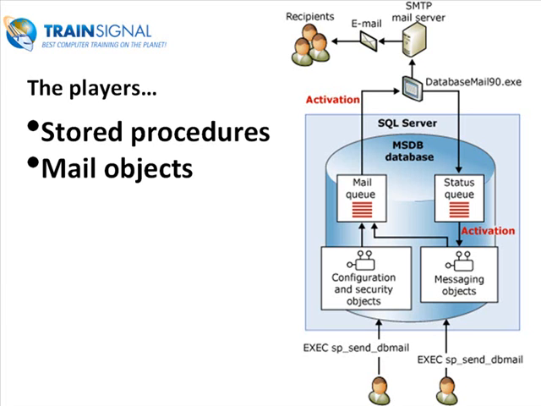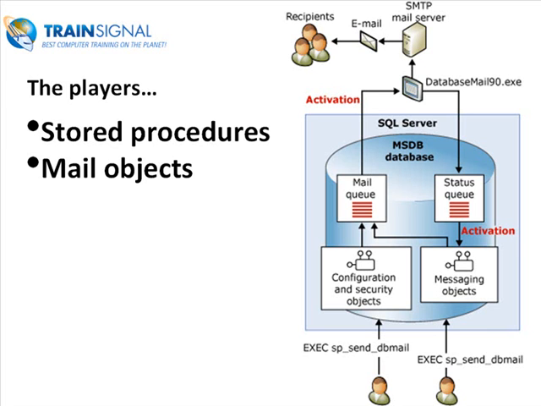Next, moving up the diagram and down the list, is mail objects. If you look there, I have configuration and security objects on the left and messaging objects on the right. If you're at all familiar with the whole idea of object-oriented programming, the concept of creating conceptual objects that are data and the functions that operate on that data, all encapsulated into one for ease of reuse, is what we're talking about when we talk about software objects.